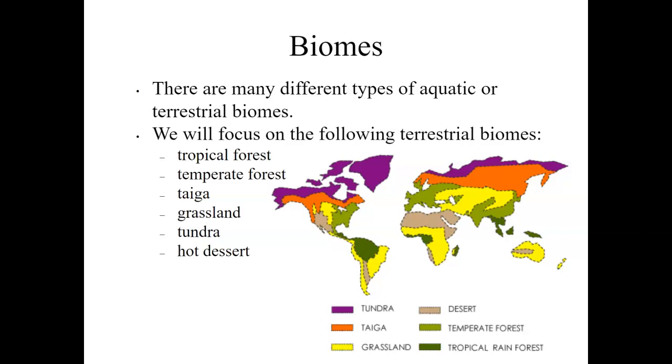The earth is covered in mostly water, and so those aquatic biomes are incredibly important. However, IB will focus mostly on terrestrial biomes, and specifically these ones that are listed here: the tropical forest, the temperate forest, the taiga, the grassland, the tundra, and the hot desert.